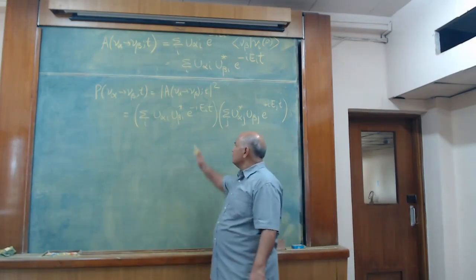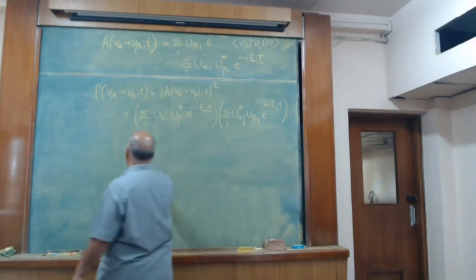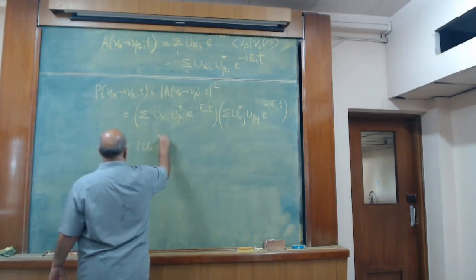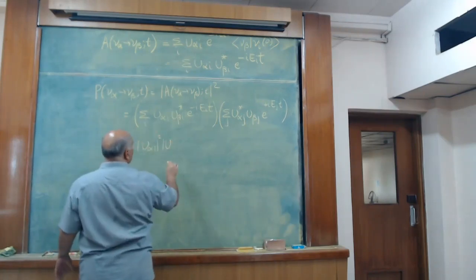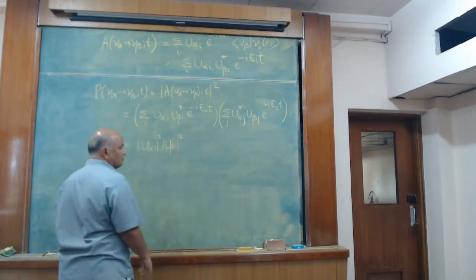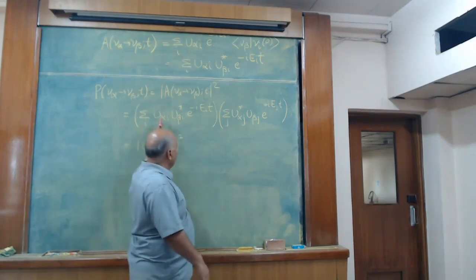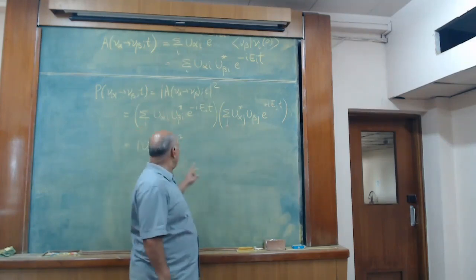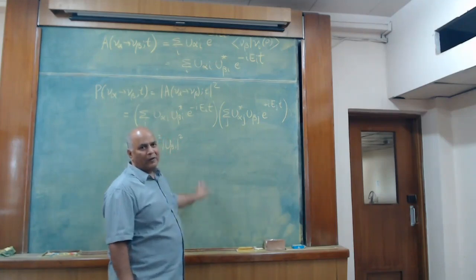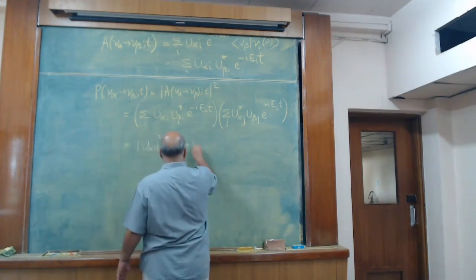So first term, I take i to be 1, j to be 1, and I get u alpha 1 mod square, u beta 1 mod square. And similarly, when i equal to 2, j equal to 2, I get u alpha 2 mod square, u beta 2 mod square, etc. Okay, let me just write it down.